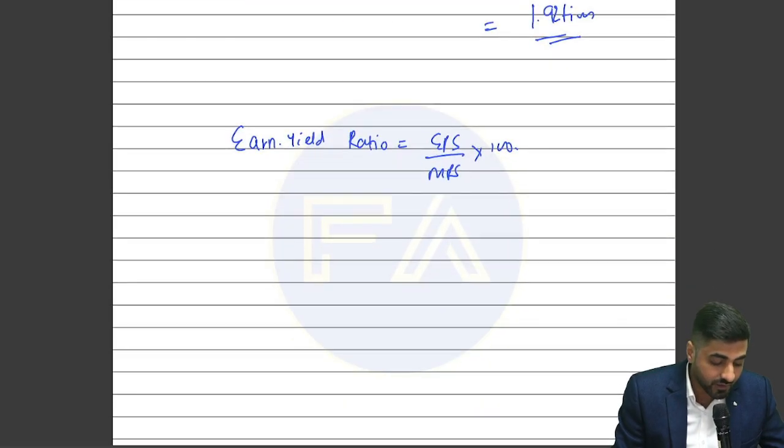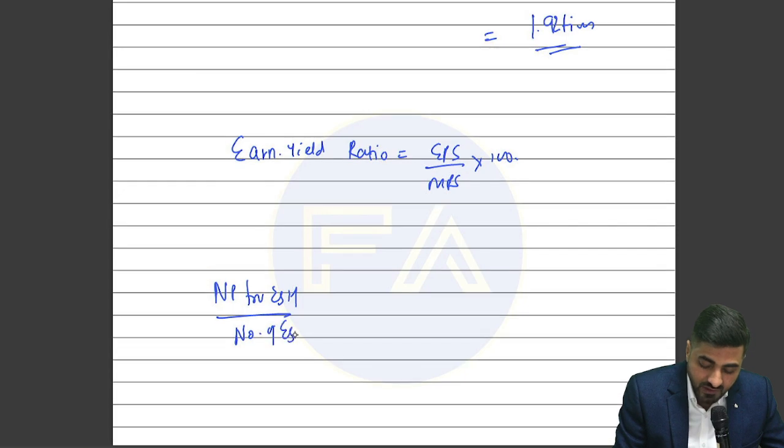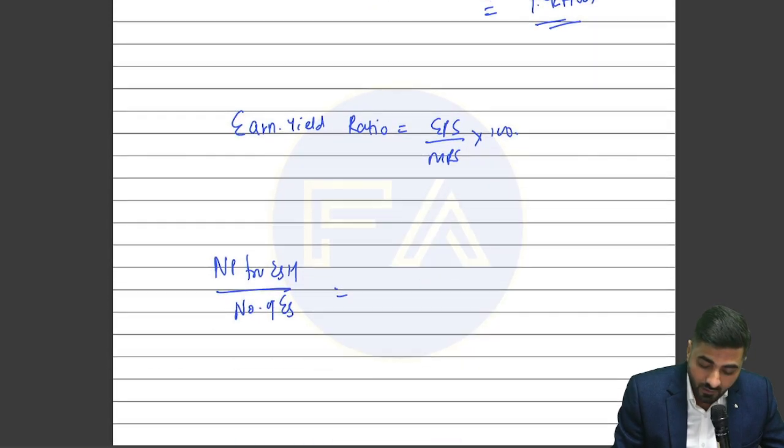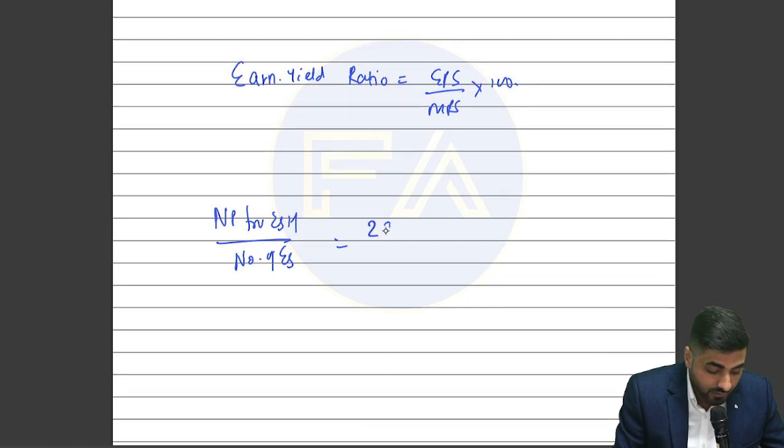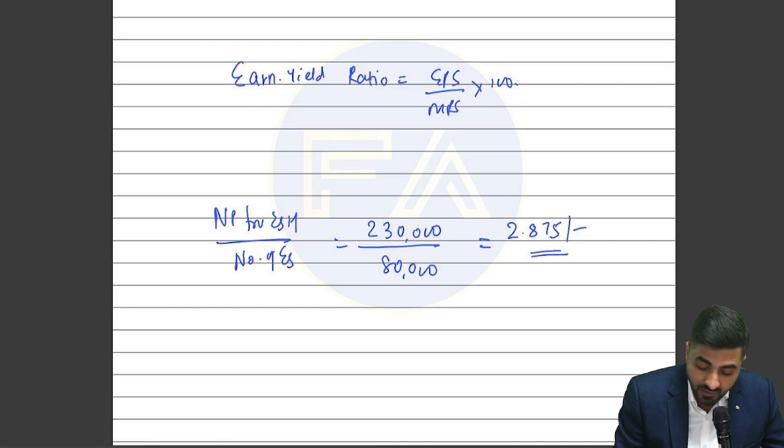EPS should be net profit for equity shareholders divided by number of equity shares. What is the net profit for equity shareholders? 2 lakh. What is your number of equity shares? How much is this? 2 point. This is your EPS.